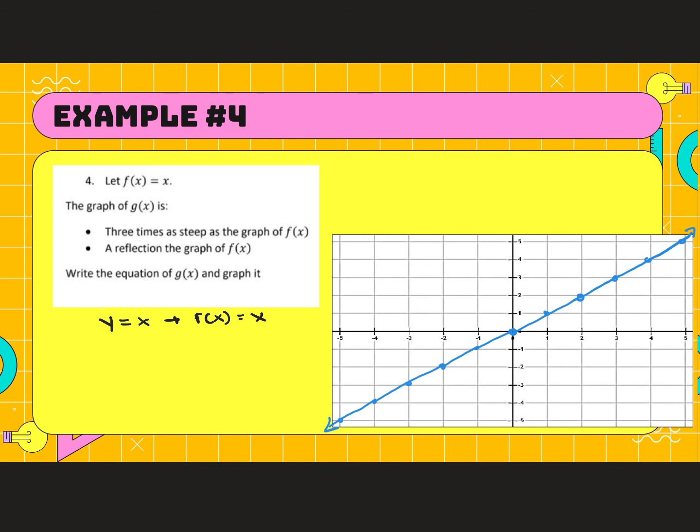It says it is 3 times as steep as the graph of f of x. So we know we're multiplying our 1 times 3, but it's also a reflection. So remember, that makes our positive slope a negative slope. Starting with 3 times as steep, which is 3x, and then making that reflection, it's y equals negative 3x. So here we're starting at the origin because our y-intercept is 0, and we're going to go down 3 to the right 1, up 3 to the right 1, and we're going to connect our points.